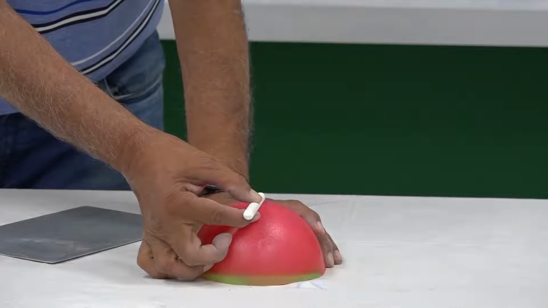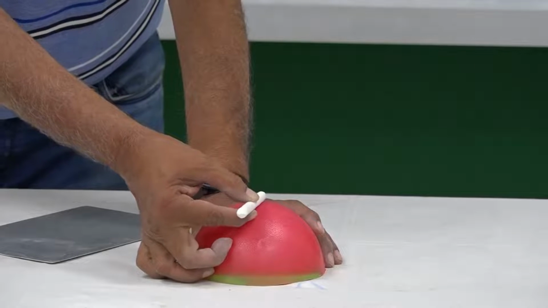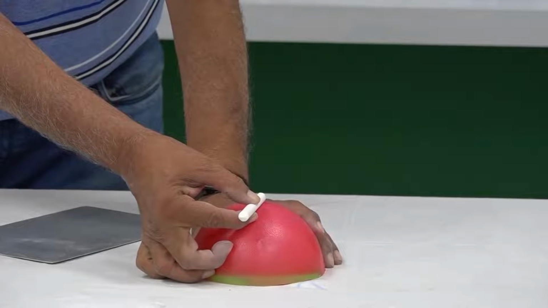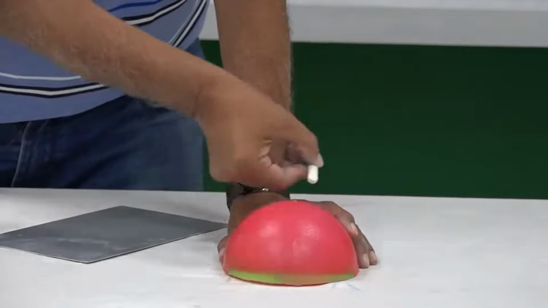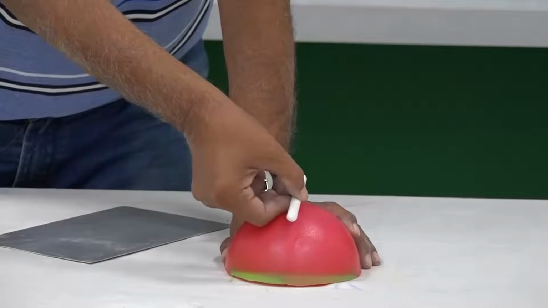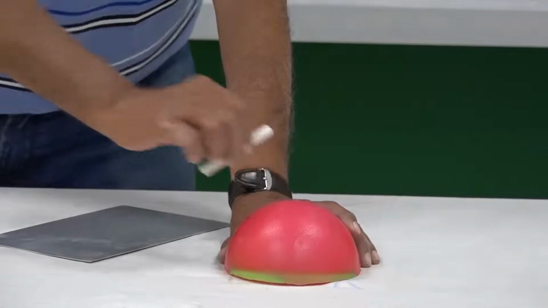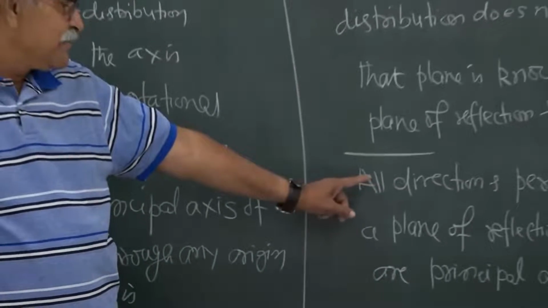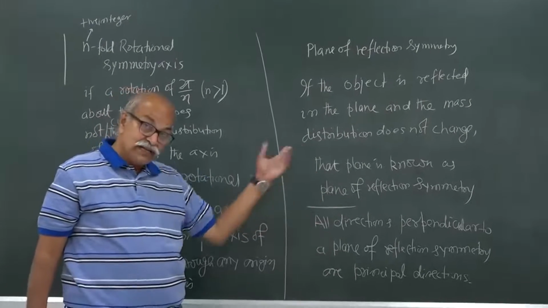I am drawing a tangent from the topmost point of this hemisphere, and this line is a principal direction, and in fact all tangents will be principal directions. So, this is another rule. If you can find a plane of reflection symmetry, then all directions perpendicular to that plane will give you the principal axis.